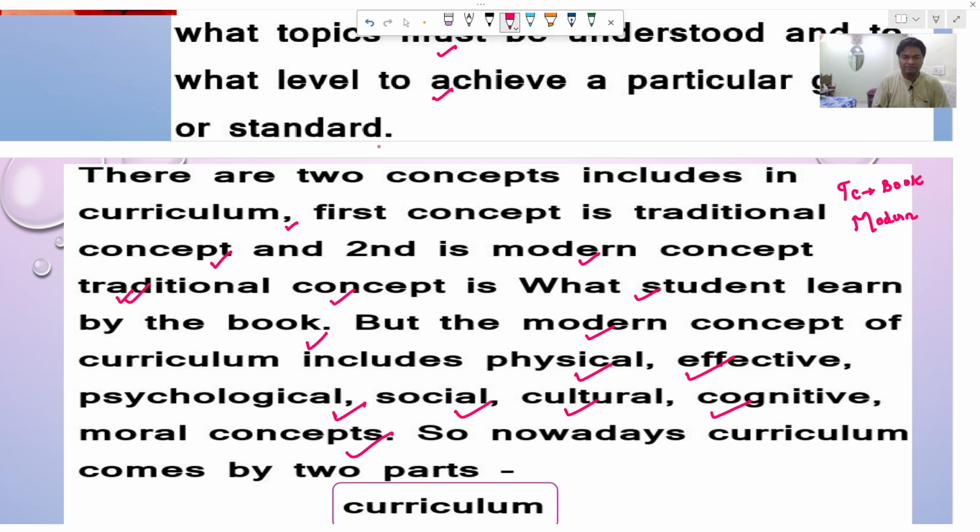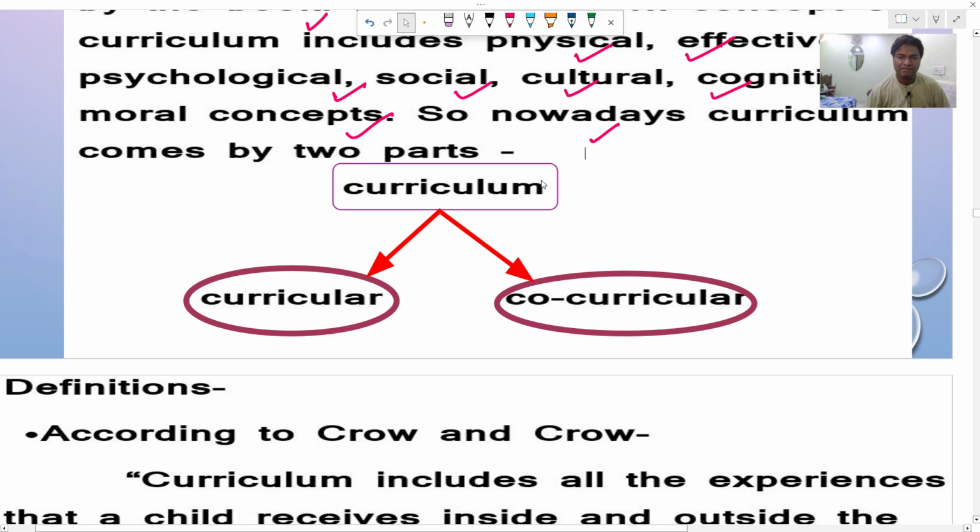So nowadays curriculum consists of two parts, as we have already discussed. The first one is the traditional concept, which refers to book reading and book understanding, while the other type relates to the activity based concept: physical, affective, psychological, social, cultural, cognitive and moral. Now curriculum is again divided into curricular and co-curricular.